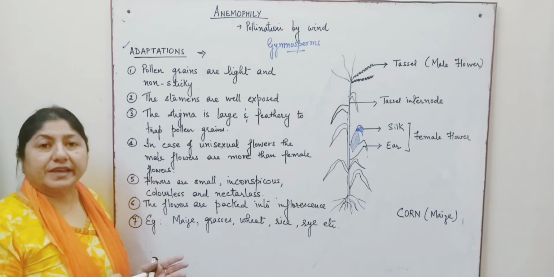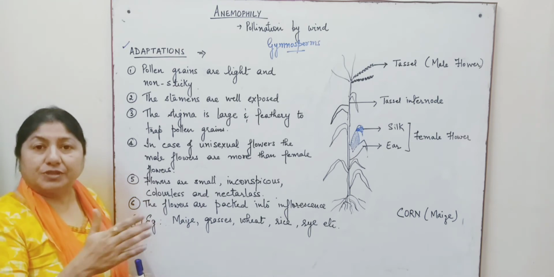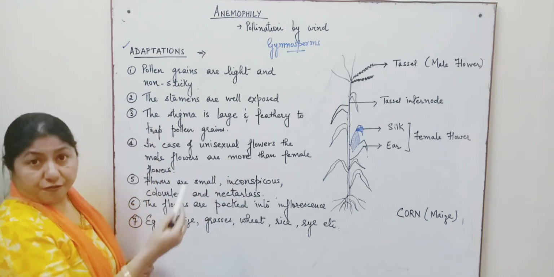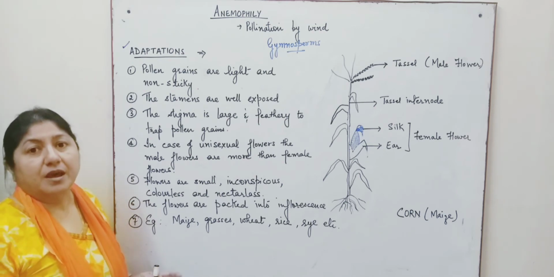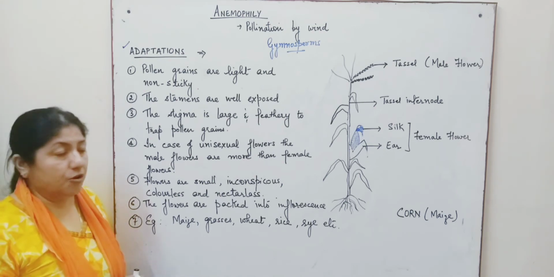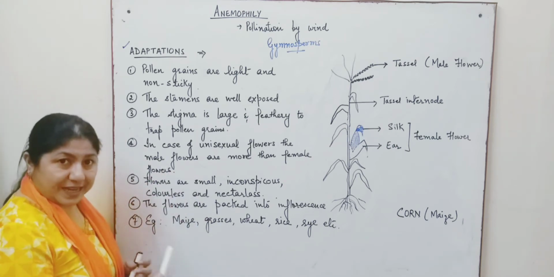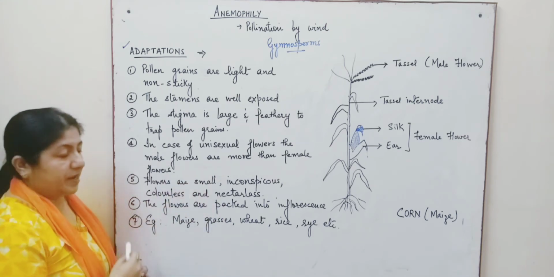So, the pollen grains need to be carried from one plant to the other plant, and for that they need to have more pollen grains produced, because during the carrying by wind many of the pollen grains may be lost. So to compensate for the loss, the male flowers are more than the female flowers.